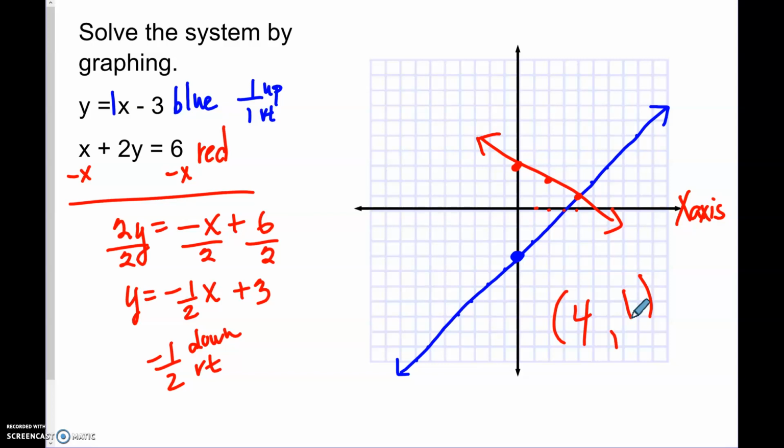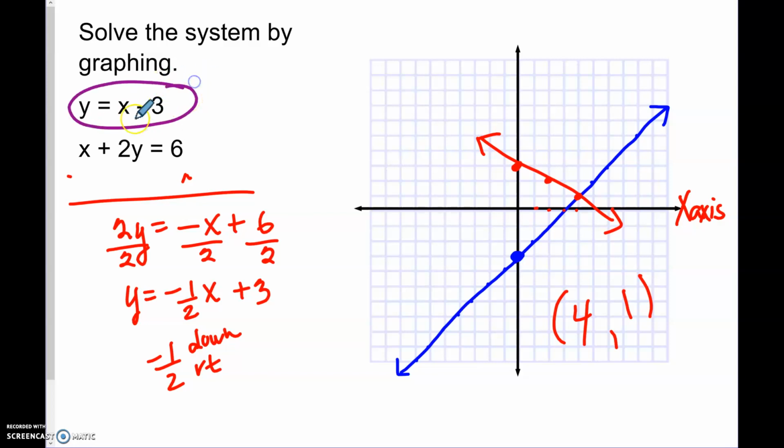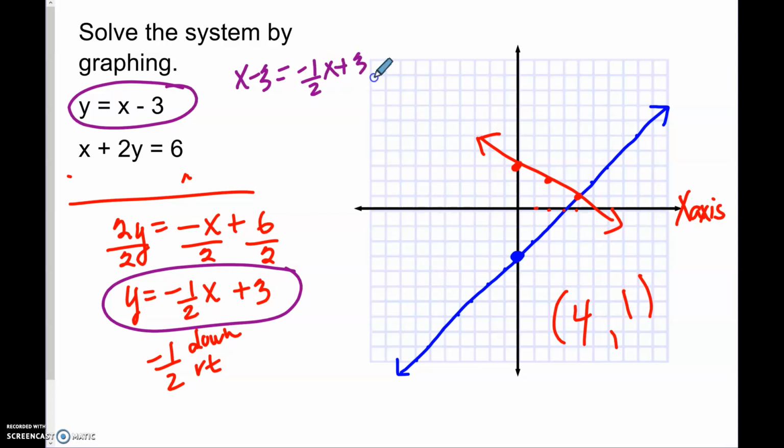Okay, well, another thing we could have done solving this, I know the directions don't say to do it this way. However, we do have two equations here. We have this equation right here, and after we solved and got this one all by itself, we have this equation right here. So now we could do substitution, and you can set up x minus 3 equals -1/2 x plus 3.